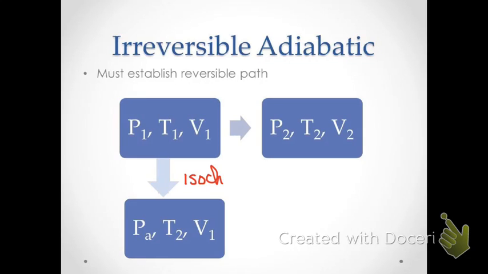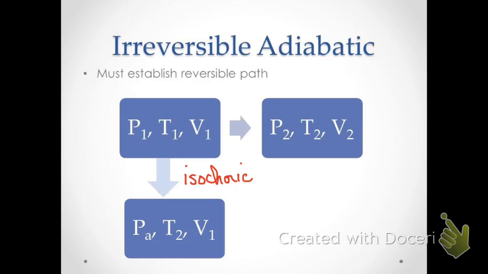The first step is going to be one where the volume is held constant. That's called isochoric. And in that situation, we're going to allow the temperature to change to the final temperature with the volume held constant. So at the end of this first step, the temperature is the same as it will be in our final step.